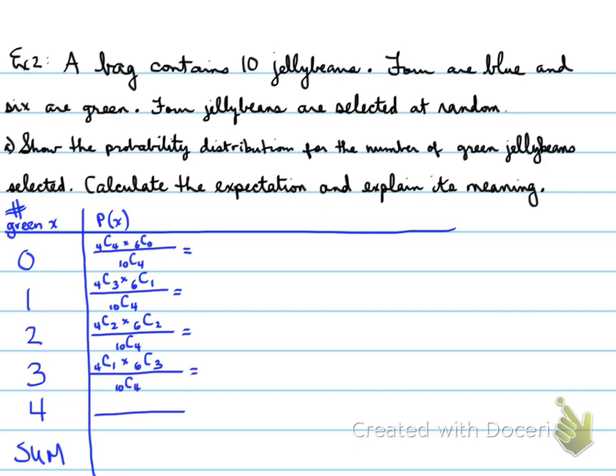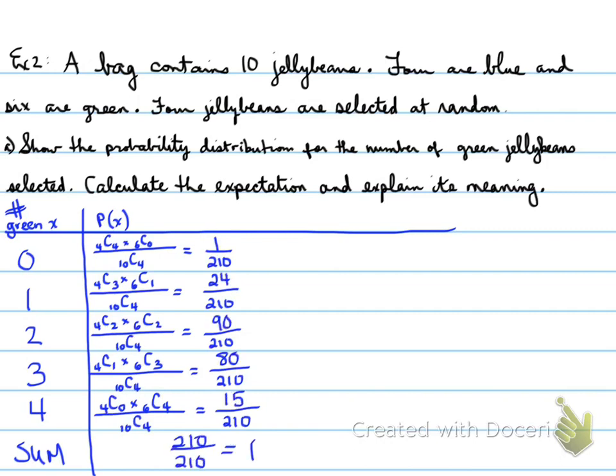And the last one will be 4 choose 0 times 6 choose 4 over 10 choose 4. We calculate these values. The bottom number is going to be 210. In the numerator, we calculate the values, and the total sum of 1 means that we've done this correctly.